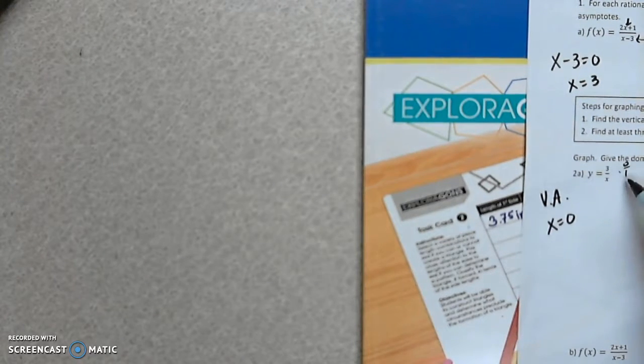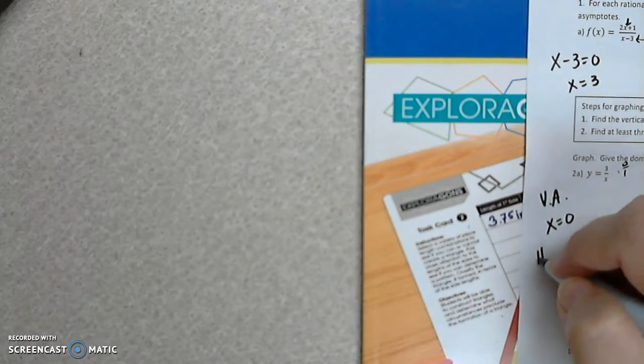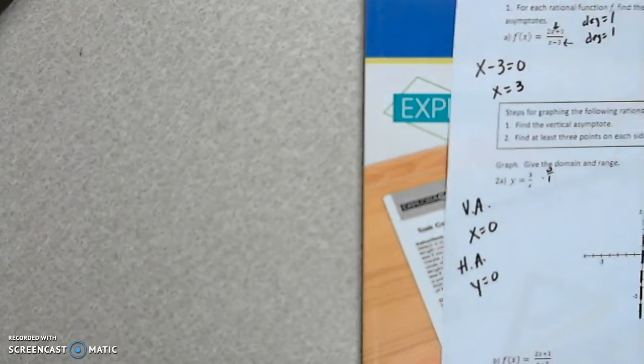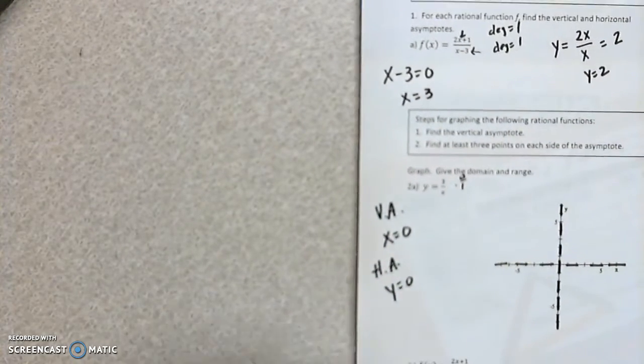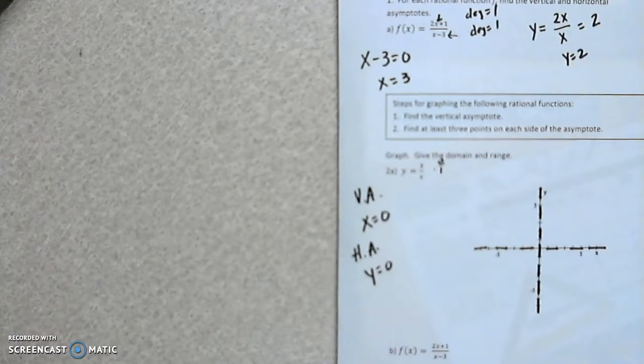So 0 and 1 are my degrees, and since the numerator has a lower degree, I know that my horizontal asymptote is at y equals 0, which is simply the x-axis. So I'm going to draw a dotted line like that. When I graph my function, I should not cross the asymptotes.